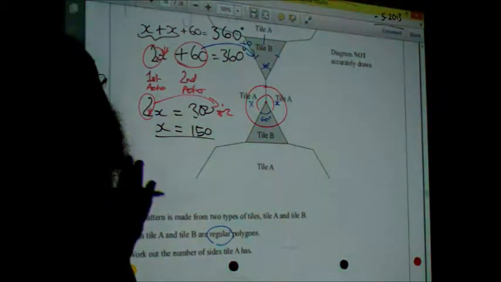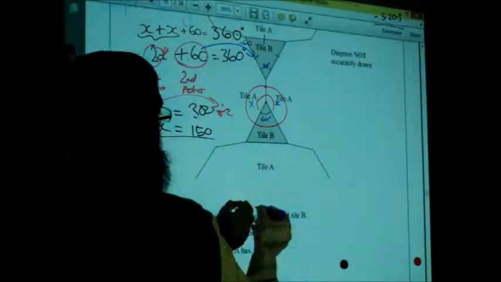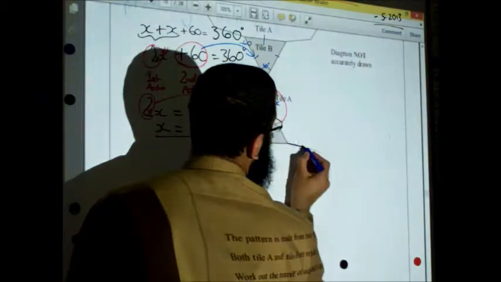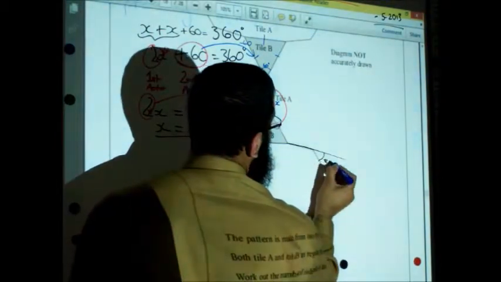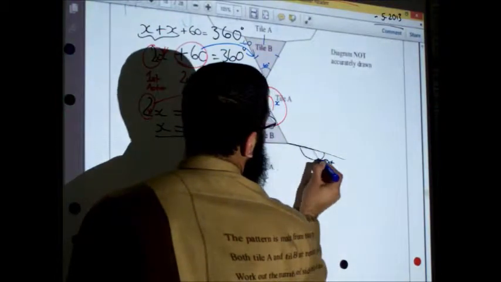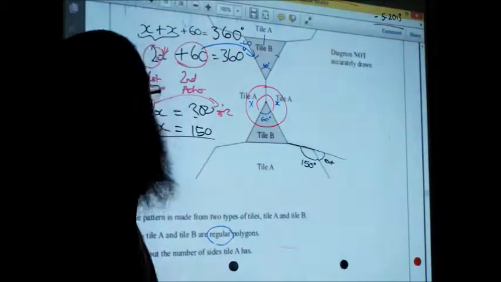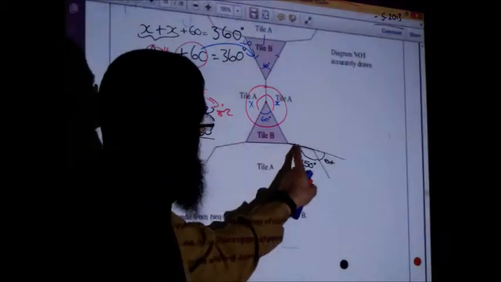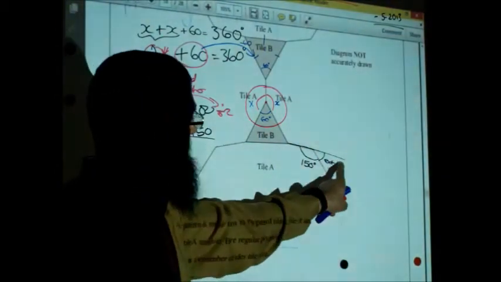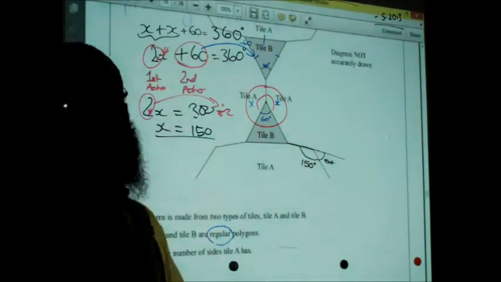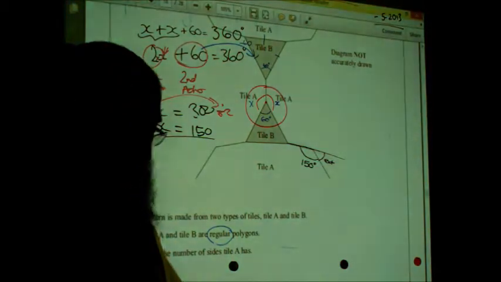We need to now work out what the external angle is. So for example, in the shape here, an external angle is basically, if you continue the line of the shape, this angle here and the internal angle together give you 180 degrees.